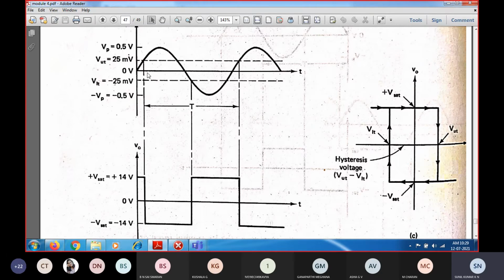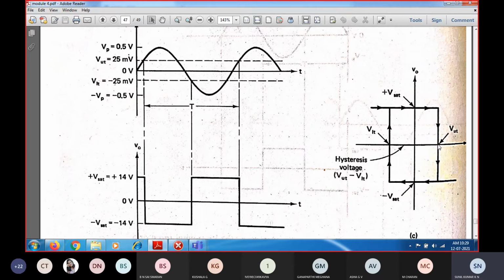Now as soon as the input voltage starts increasing, in my case the upper trigger point is 7 volts. Since it is positive feedback, I start from input voltage 0, 1, 2, 3, 4, 5, 6, 7. Until it reaches 7 volts, the output will be positively saturated.